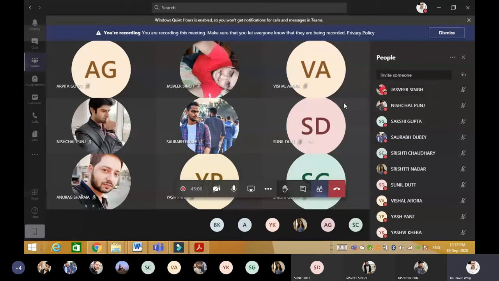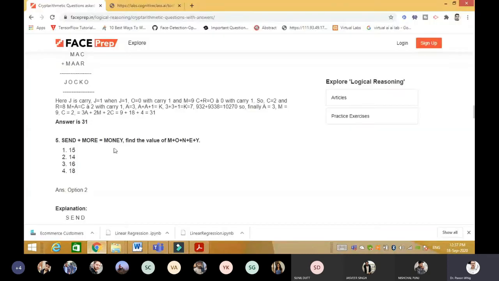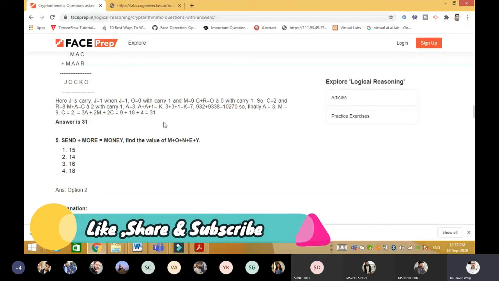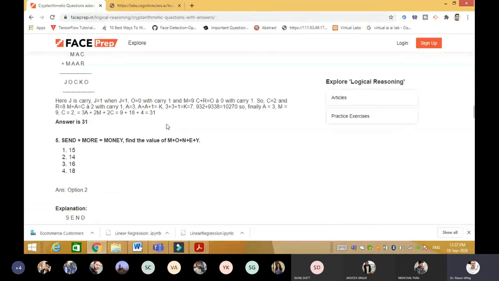Next question: What is crypt arithmetic?